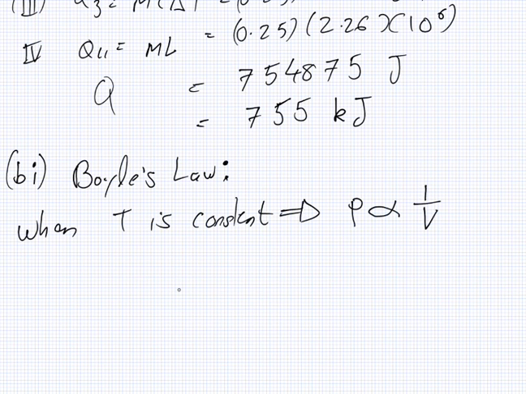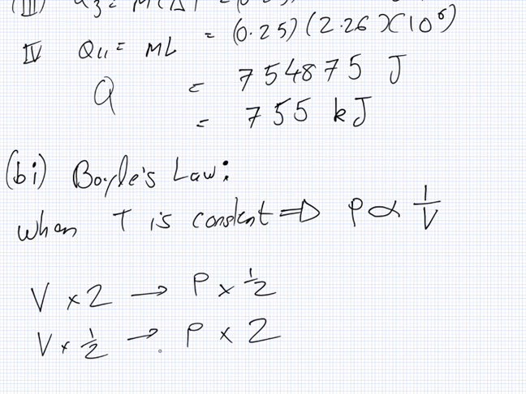So in other words, Boyle said if you half the volume, you double the pressure. Or if you double the volume, you half the pressure. It's an opposite relationship. So, for example, if the volume gets doubled, then the pressure will reduce by half. Or if the volume gets halved, then the pressure will double.